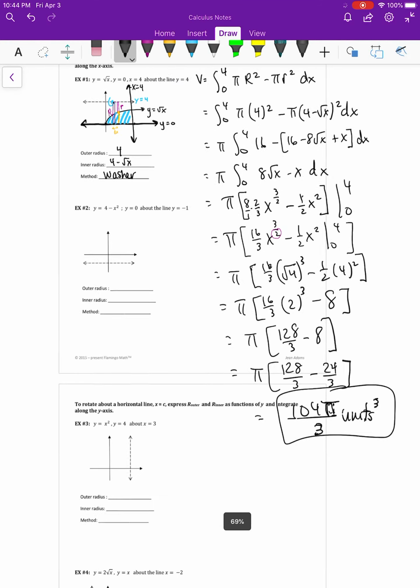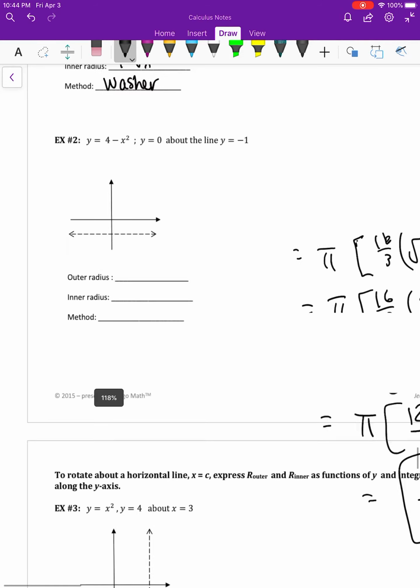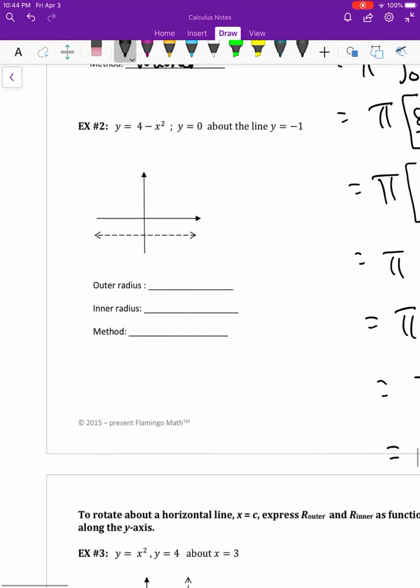Okay, so let's look at the next one. Example number 2 gives us y equals 4 minus x squared, y equals 0, and it's about the line y equals negative 1. So I'm going to go ahead and sketch this.